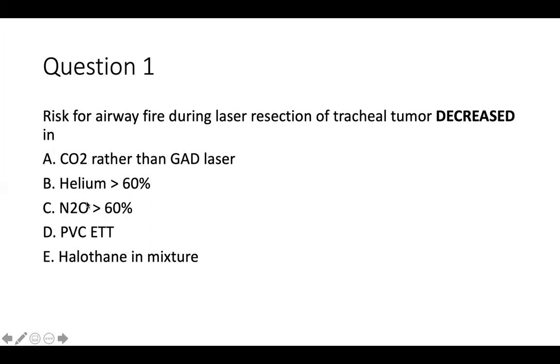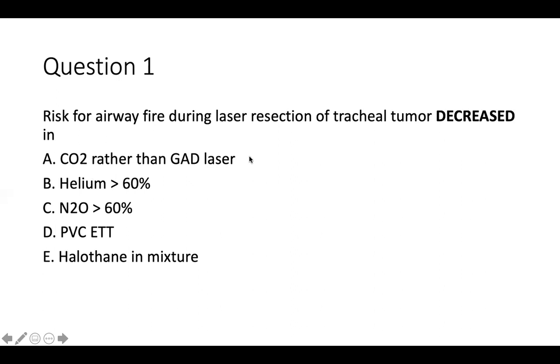Because we know that nitrous is very combustible. We've been talking about that. We know that the standard PVC endotracheal tube can catch fire very easily, so it's not that one. Halothane mixture, what they want you to really gather from that is there's a good bit of oxygen in the mixture as well. So that's not a good answer.